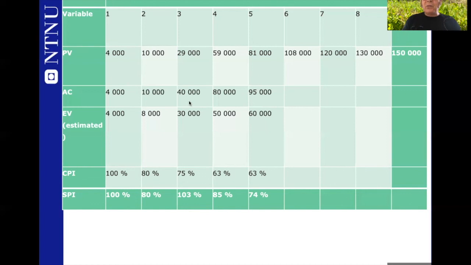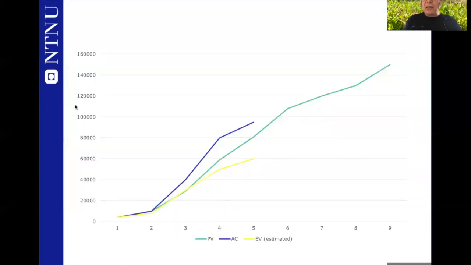Now, what we can do is take the planned value, actual cost and earned value and draw a diagram. This is our diagram that shows the accumulated planned value, the green one, and the yellow one is the earned value, and the blue one is the actual cost.